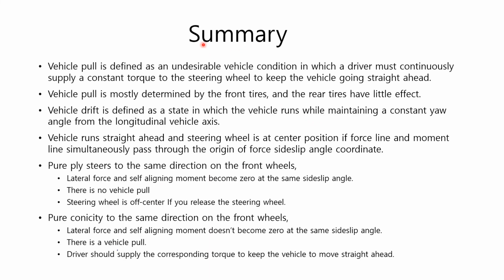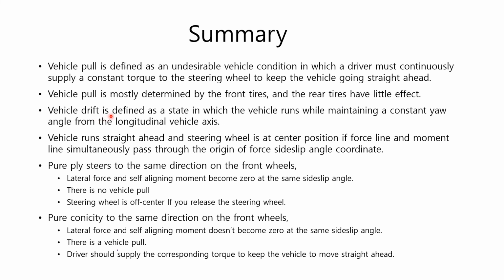Here we have a summary. Vehicle pull is defined as an undesirable vehicle condition in which a driver must continuously supply a constant torque to the steering wheel to keep the vehicle going straight ahead. Vehicle pull is mostly determined by the front tires, and the rear tires have little effect.